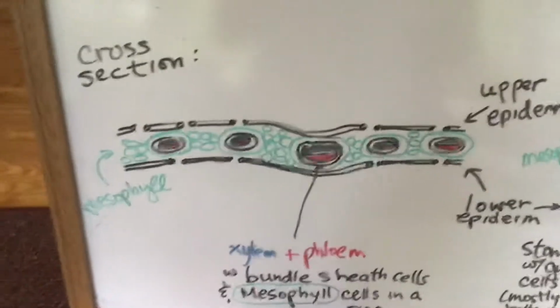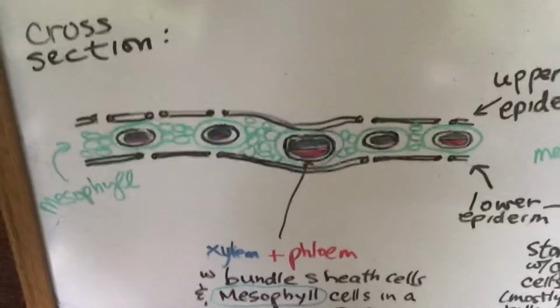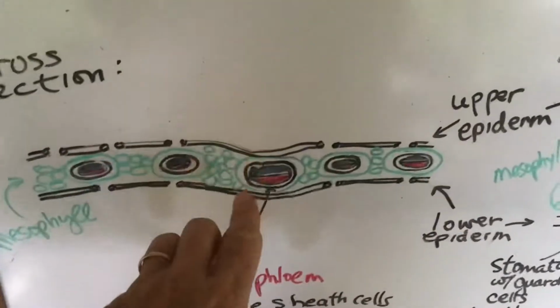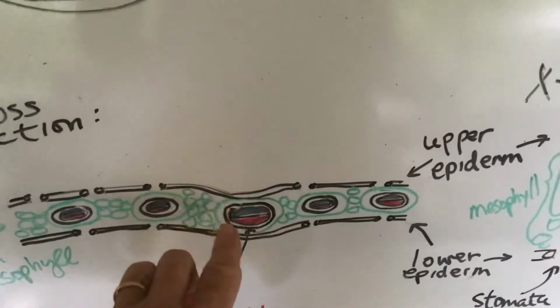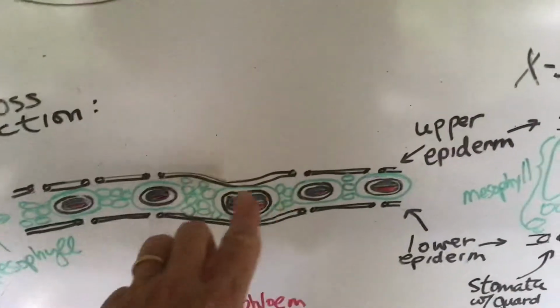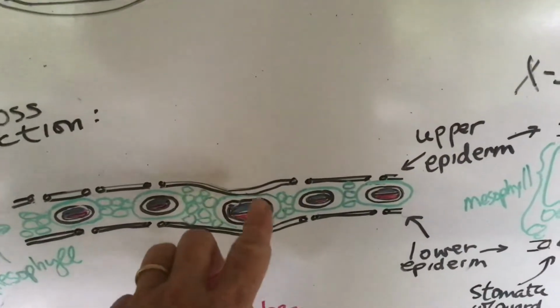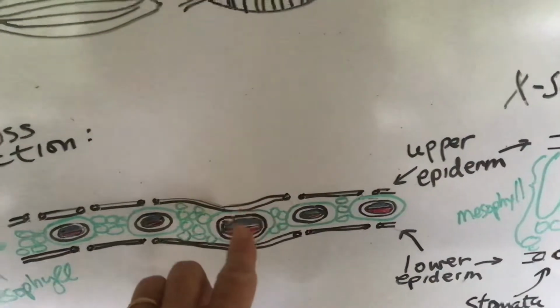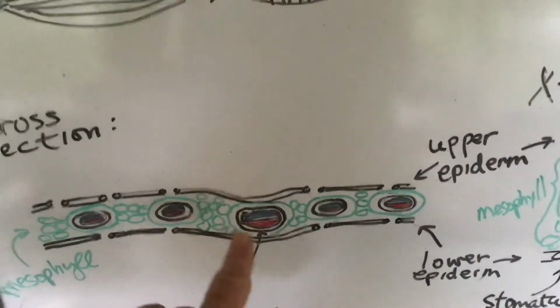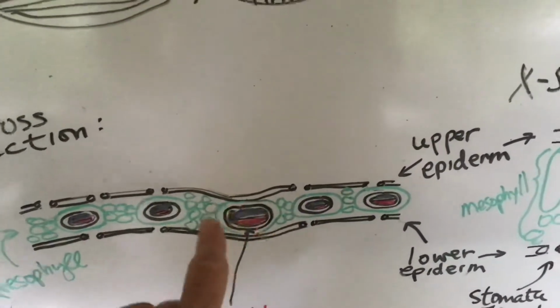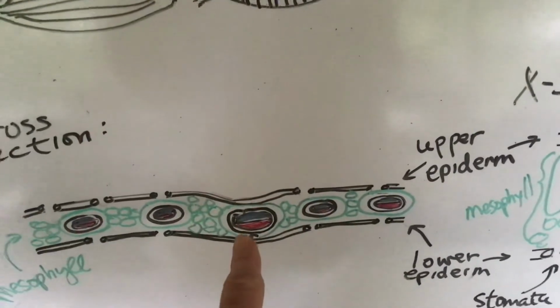One thing special or different about the monocot arrangement is that the bundle sheath cells, which are around the xylem and phloem, will be the same in eudicots, but then around that is another layer of what they call mesophyll cells.